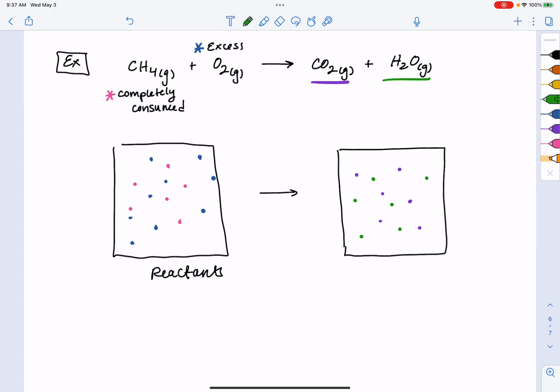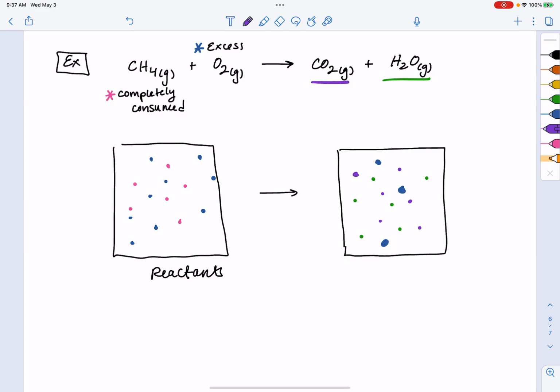So I've got 6 moles of that made. And then if I count up how many moles of oxygen I had, I should have used up 6 to make these products. So I had 1, 2, 3, 4, 5, 6, 7, 8, 9. So I used up 6 of those 9, leaving behind 3 moles of oxygen left over.